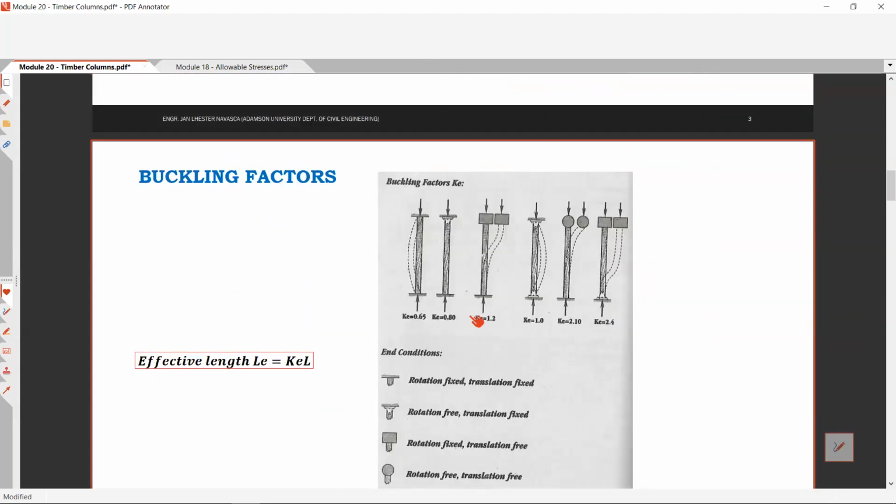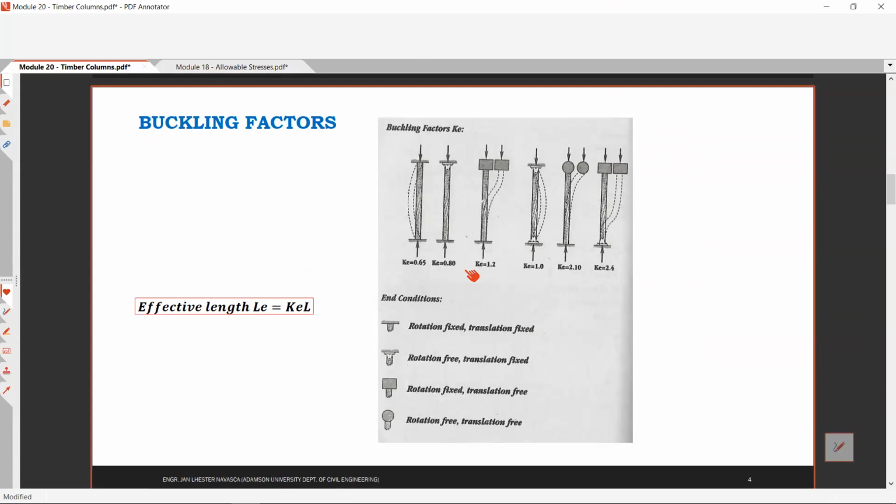So what are the buckling factors? We have different buckling factors when discussing the theory of buckling in our steel design. Let me recall: let's say this is your column, and you have a support type here and here, let's say pin-pin.